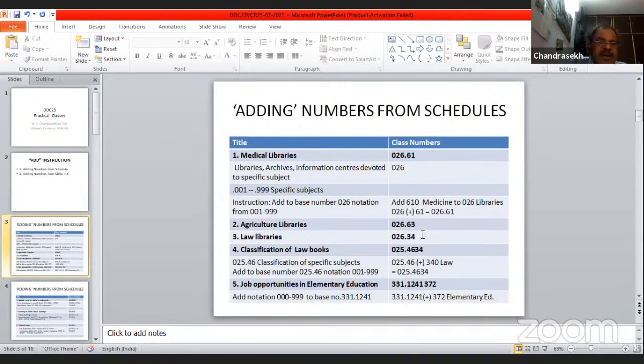Under medical libraries, title number 1, 0.001 to 0.999, the wide area of subjects, all subjects are included. In the instruction they have given: add to base number 026 notation from 001 to 999. All subject areas it has covered. So in the next step, a part of that we will cover.